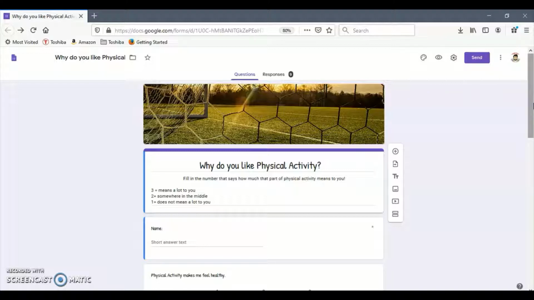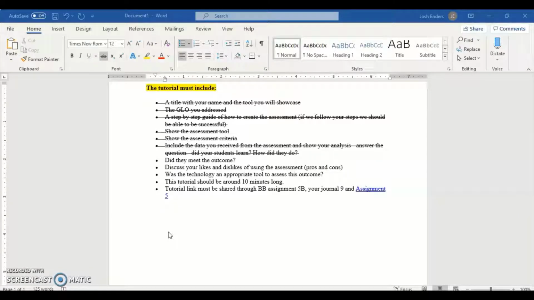Like I said, I had to adjust it a bit to fit with high school students. And I think it would be interesting to implement it into the grade level that it was intended for in the national standards, and be able to see how the younger students respond in comparison to older students based around their reasoning for physical activity.